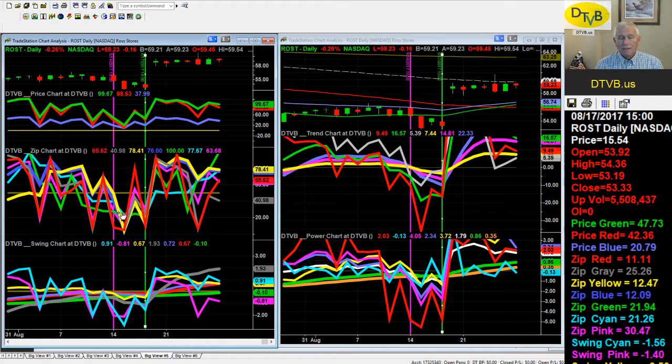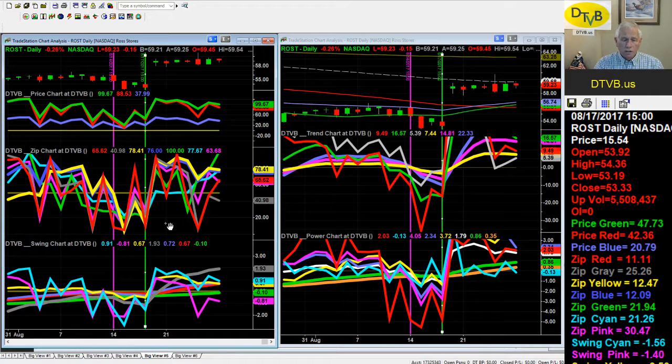And so when Zip Yellow is at 50 versus Zip Yellow being at 12, there's a potential at least that Zip Yellow, if it does go up, the reaction is not going to be as strong as something that goes up from 12.